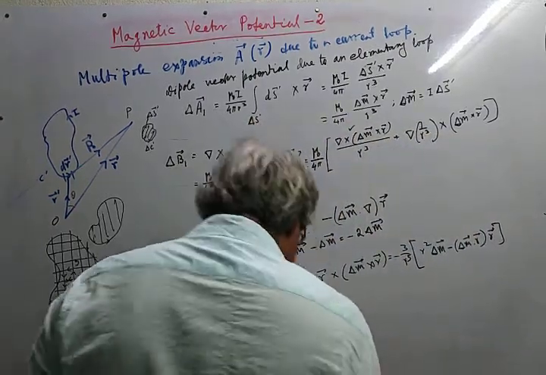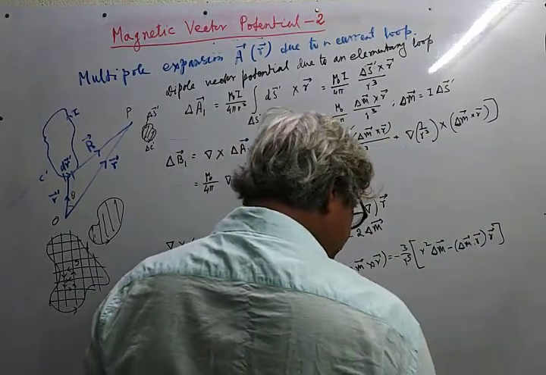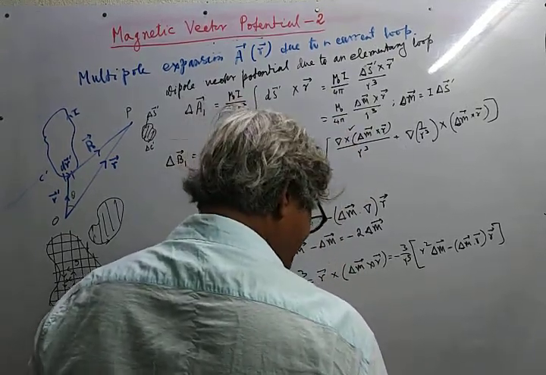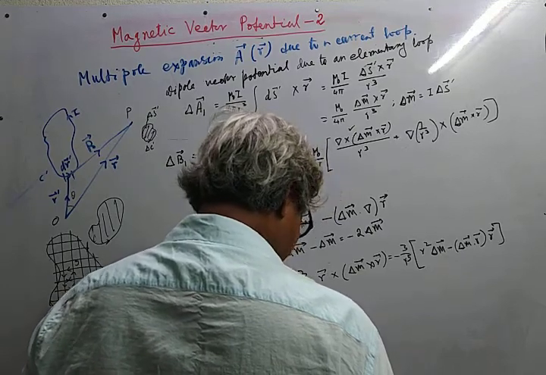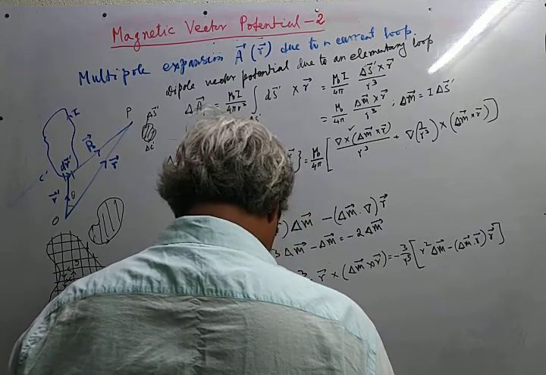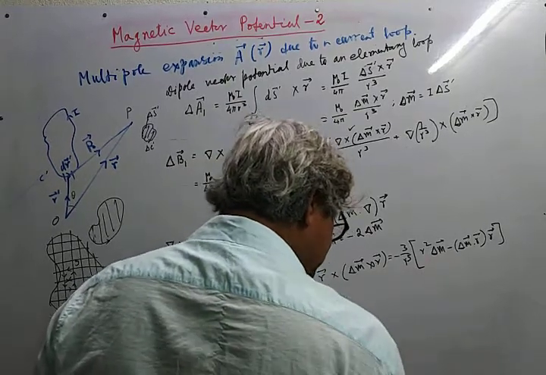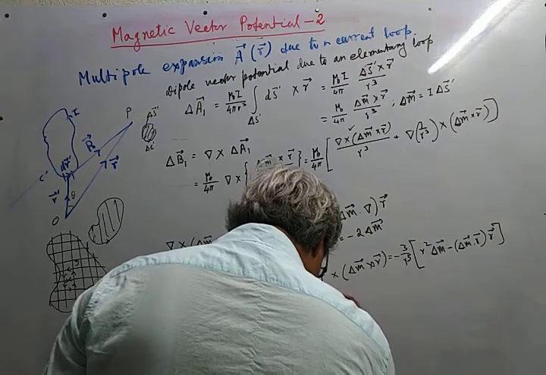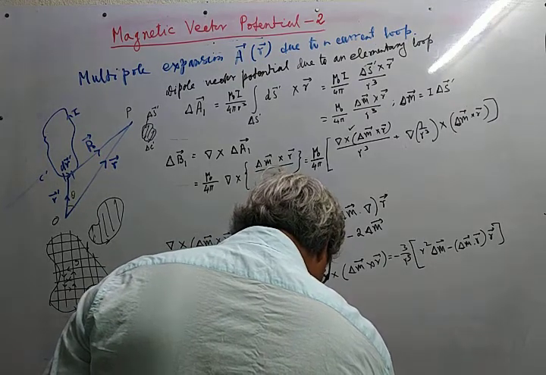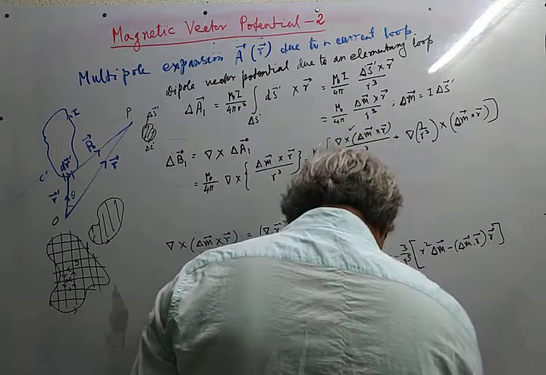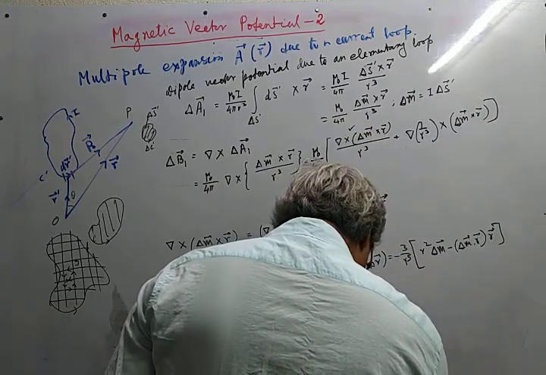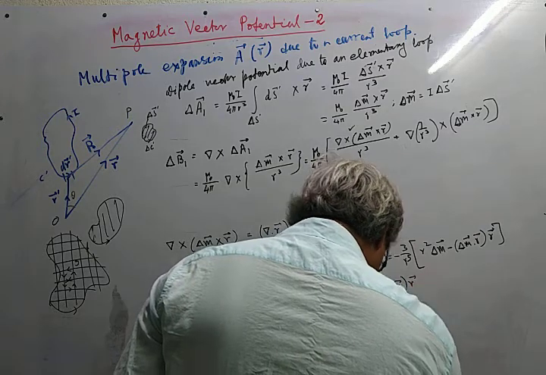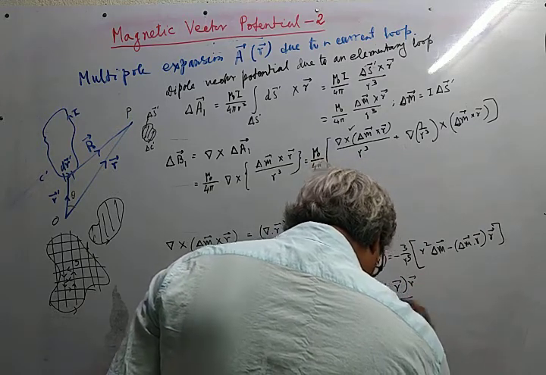So this is equal to minus r cube upon r to the power 5.